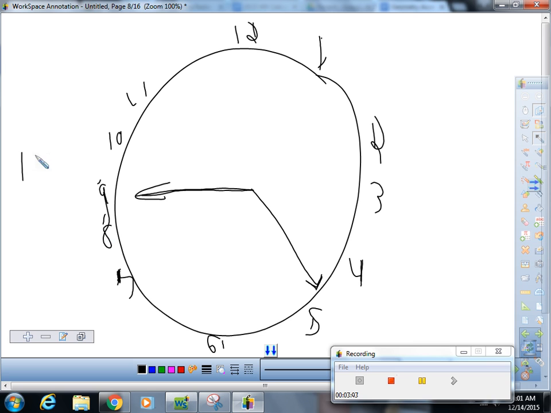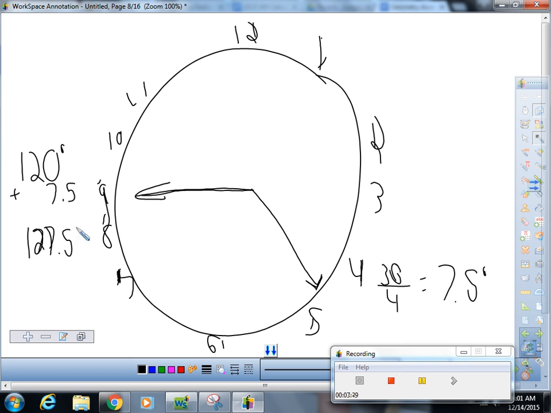That makes 120 degrees already. Then we have this angle right here, which is 30 degrees, but we are only using 1/4 of it. So we divide it by 4, which gives us 7.5 degrees. Then we add that back to the 120 to get 127.5 degrees.